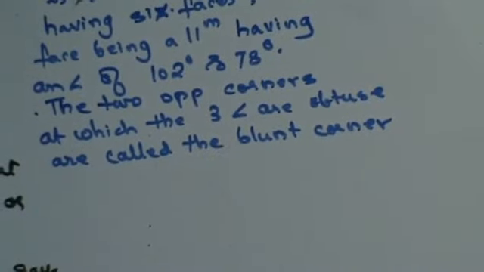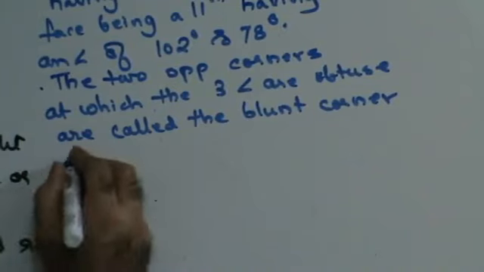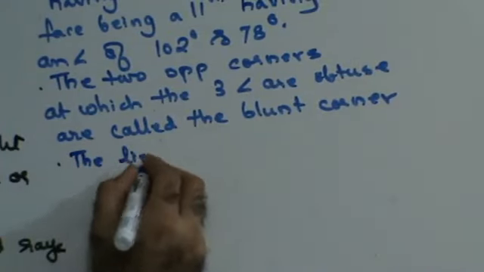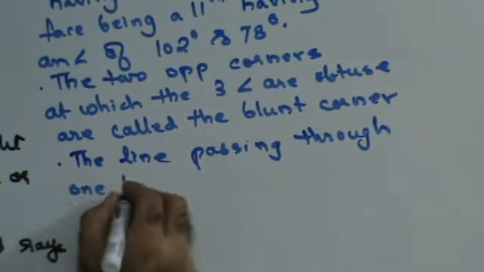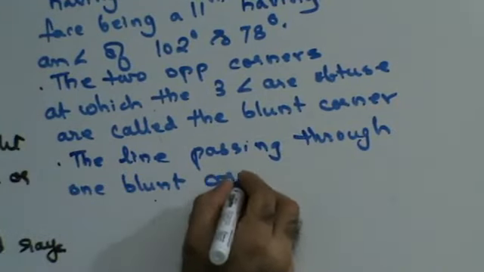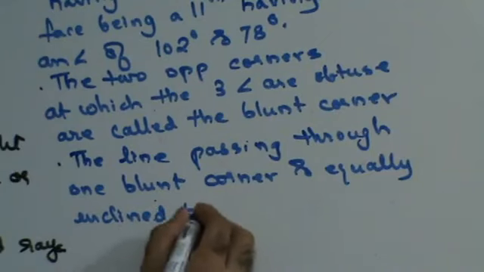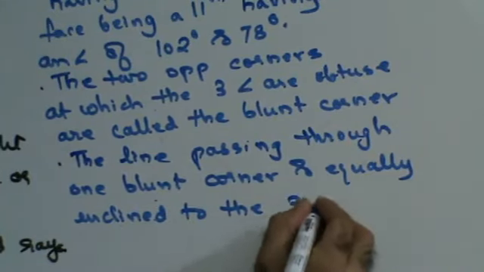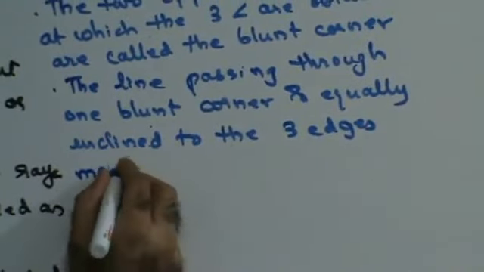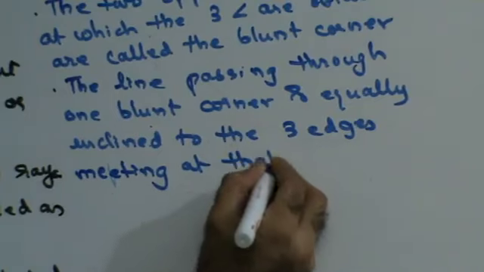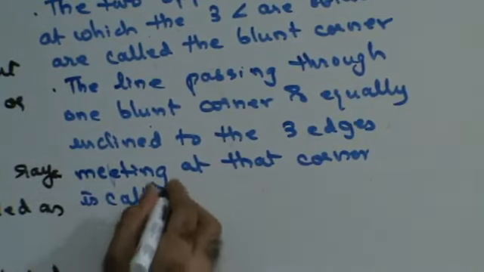Now, once you have this, the line passing through one blunt corner and equally inclined to the 3 edges meeting at that corner is called the optic axis.